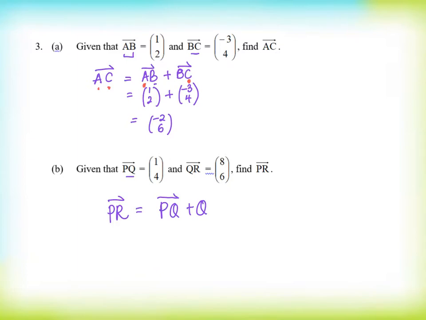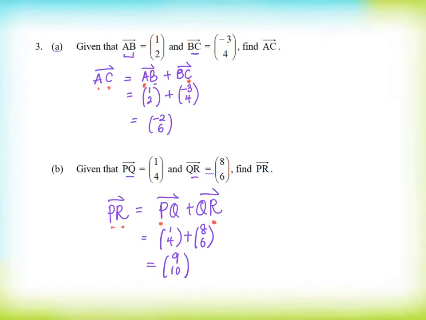Where can I travel to now? Q to R. Then I started off at P and I end off at R. So that gives me the vector PR. And using our column vectors, this will be 1, 4, 8, 6. And I'll get 9, 10.